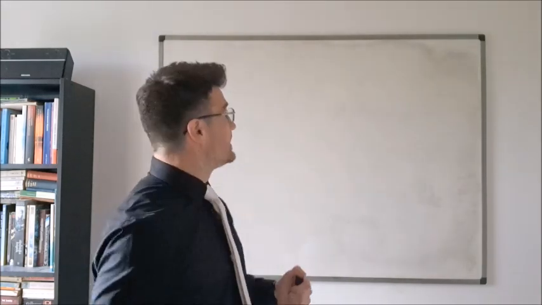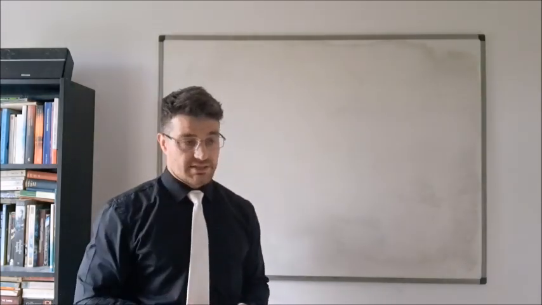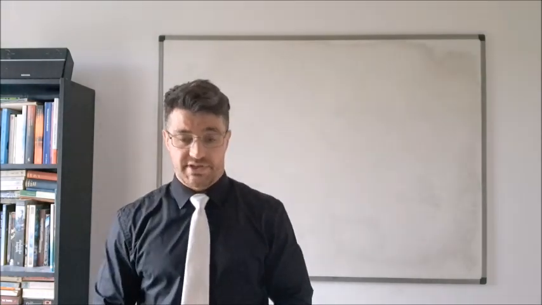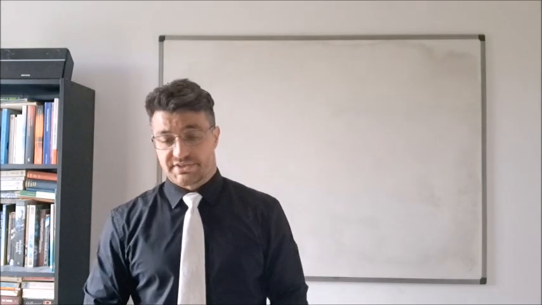Okay, so part 2 of this, and I'll just read out the problem. Again, I'll leave a link to this paper in the description to this video so you can see the problem for yourself.